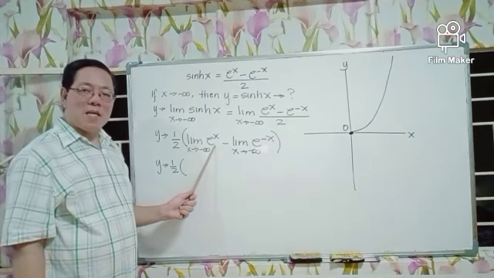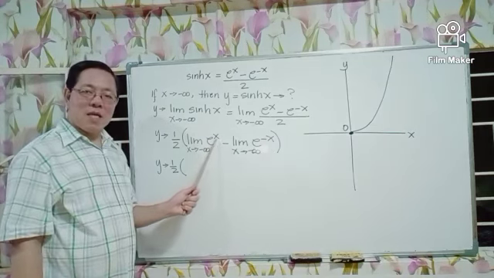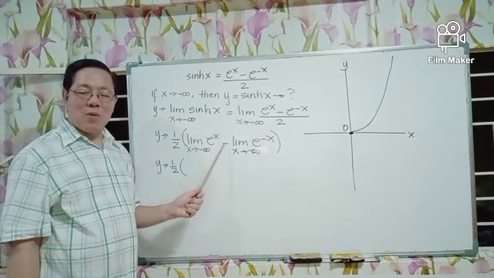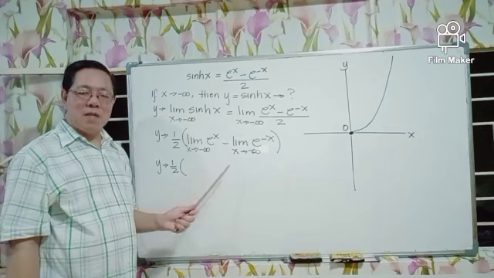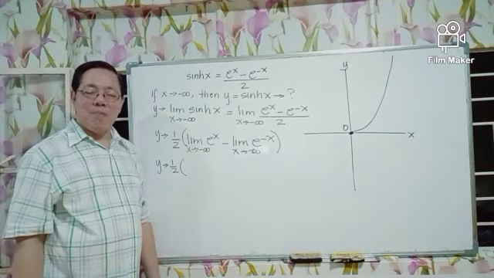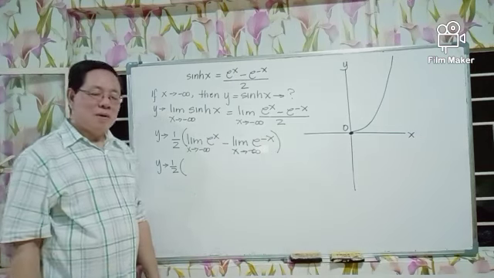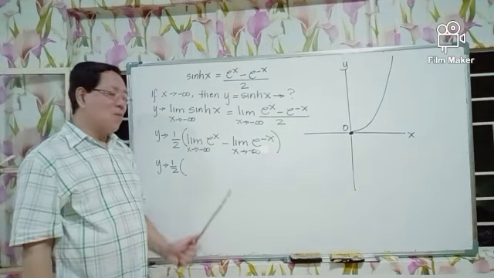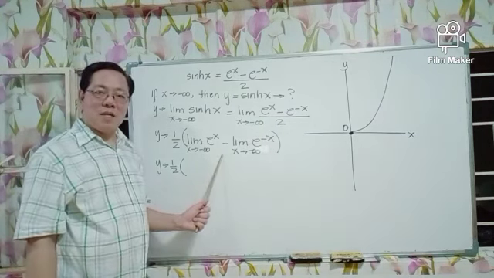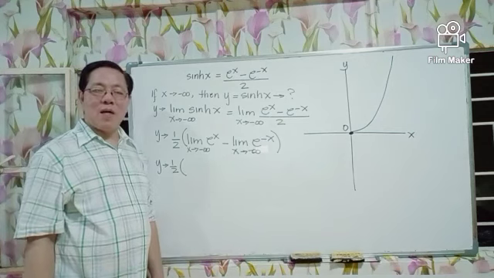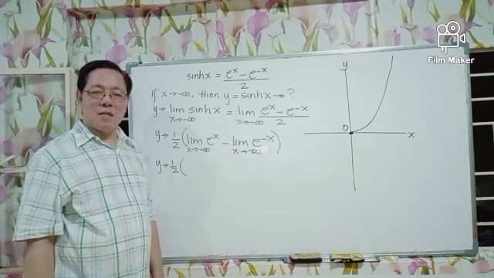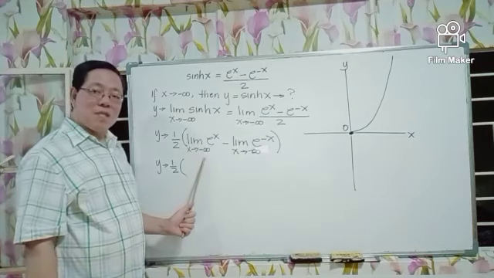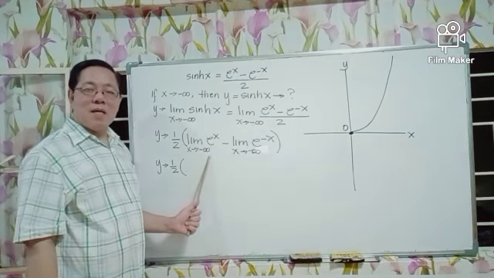So we have e raised to a negative very large real number, which would be equal to 1 over e raised to the positive, very, very large real number. And the value of 1 over a positive, very, very large real number is 0. So the limit of e to the x, if x approaches negative infinity, is 0.